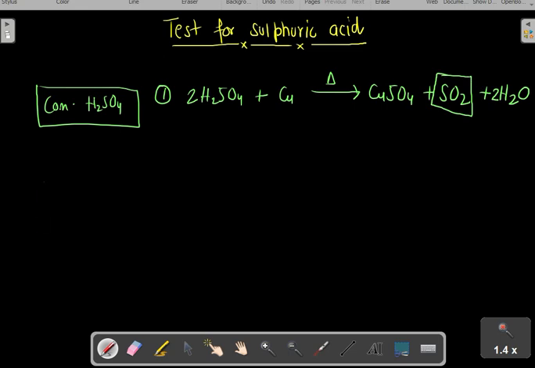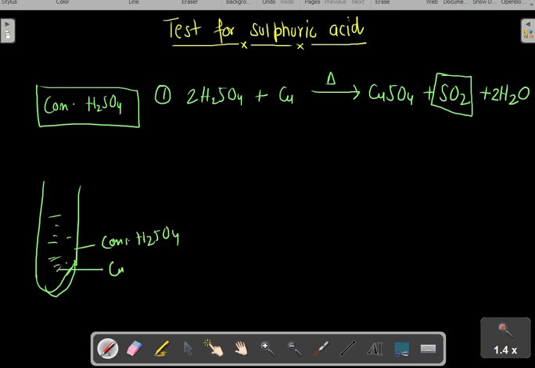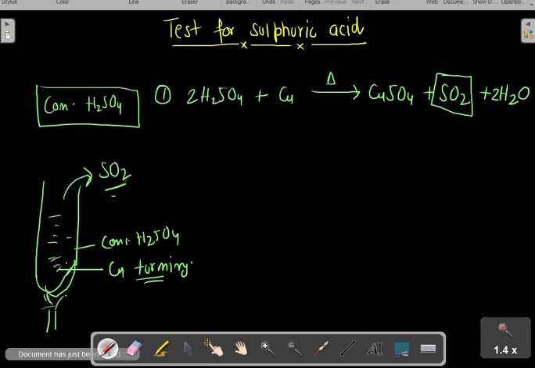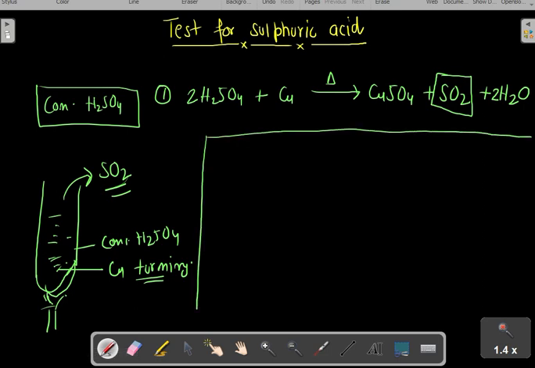Suppose that you have this test tube, and in this test tube you have filled the concentrated H2SO4 and the copper turnings. Now you are going to heat the test tube, so sulfur dioxide gas will be evolved, and the sulfur dioxide gas will turn the lime water milky.